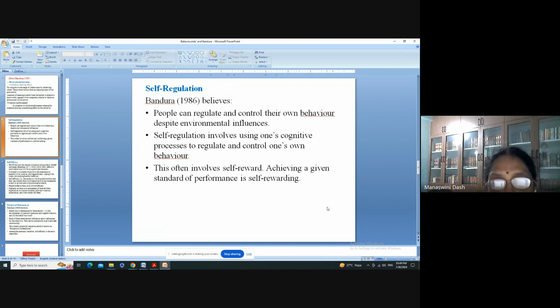Achieving a given standard of performance is self-rewarding. Suppose we write an essay, and when we write it up to the level that matches our satisfaction level, then we feel self-rewarded.